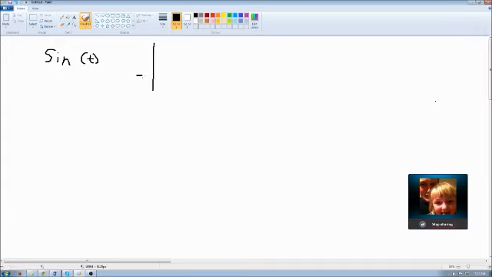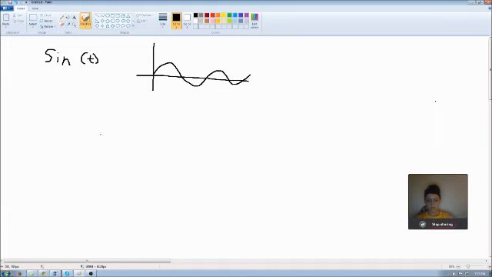So you've got that type of signal. And the way that I see it, sine represents any known equation that we have. So y equals mx plus b is on the same plane as sine.